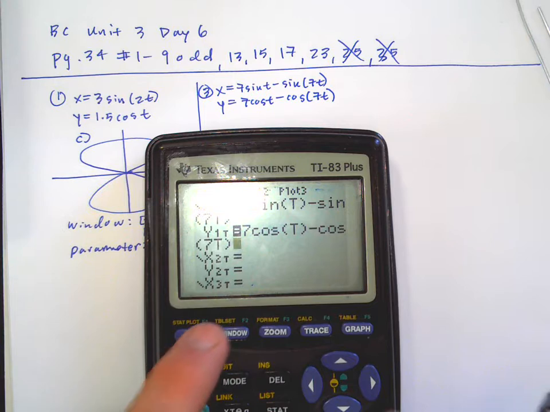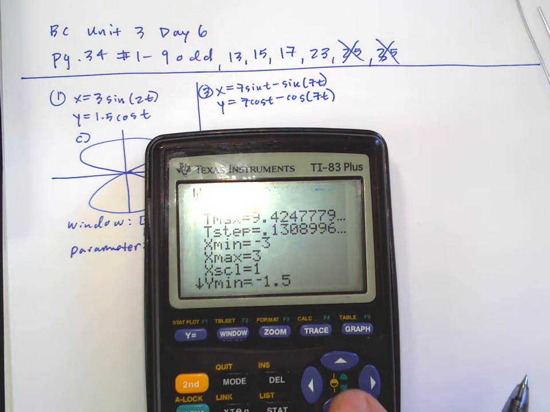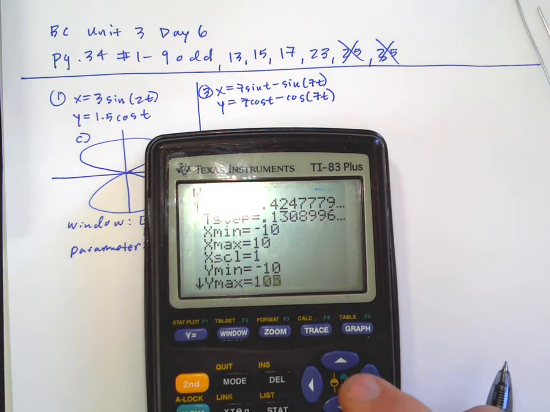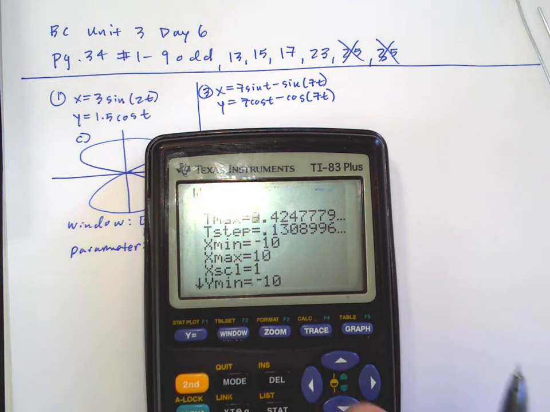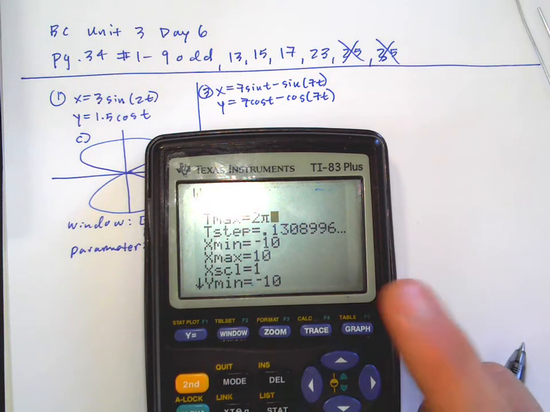Okay, now the window, I don't know how big the window needs to be. I'm going to go back to negative 10 to 10, negative 10 to 10. And, you know, we could start with 0 to 2 pi. That's likely often. We graph it.